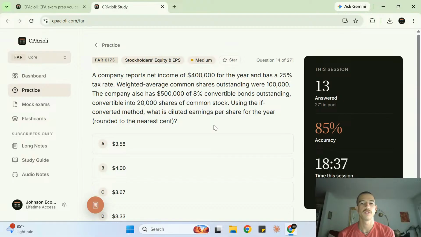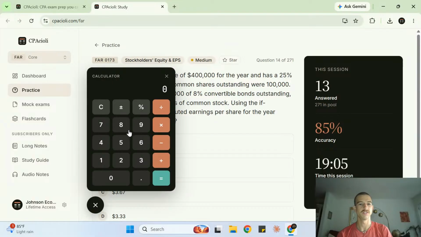If converted method. Okay, so we're looking for diluted earnings per share. All right, so net income of 40K. Weighted average common shares outstanding were 100. Also has 500,000 of 8% convertible bonds convertible into 20,000 shares of common stock.